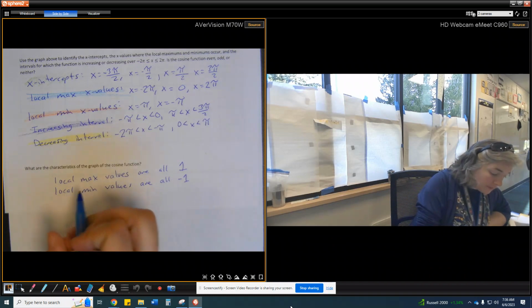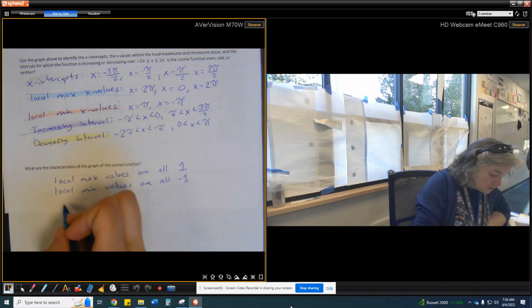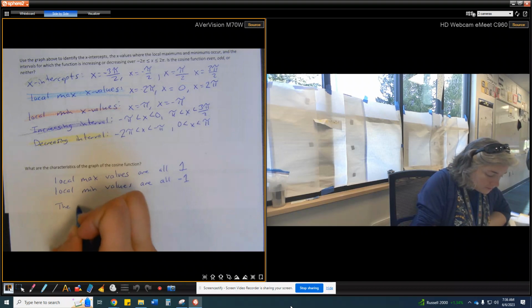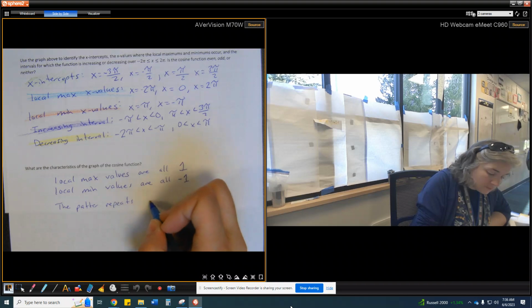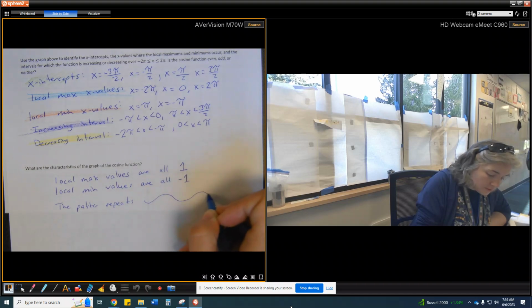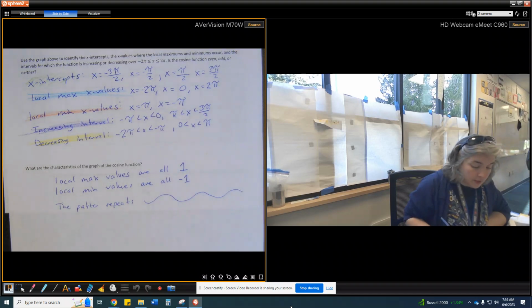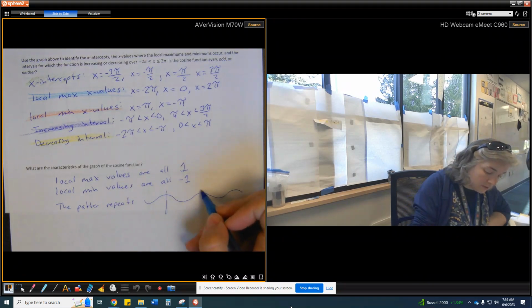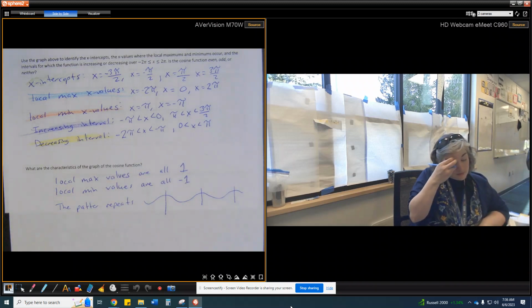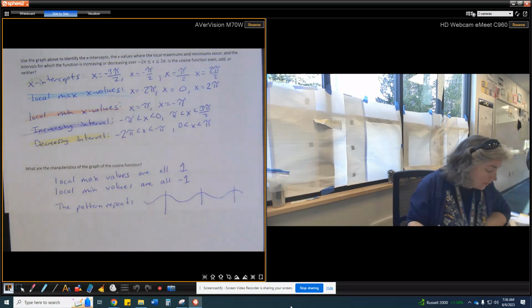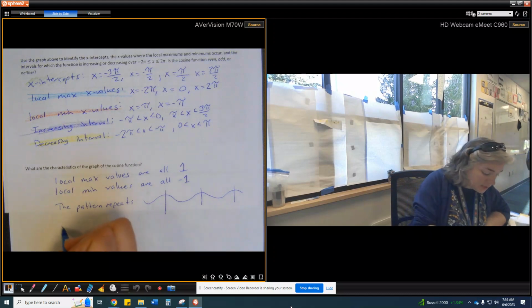The next thing we want to think about is how the pattern repeats. So I have this kind of curve, and for this one, it's from like there to there to there, right? The pattern repeats. And then our x-intercepts, there is a pattern with them.